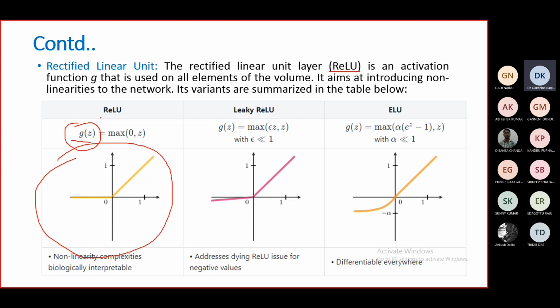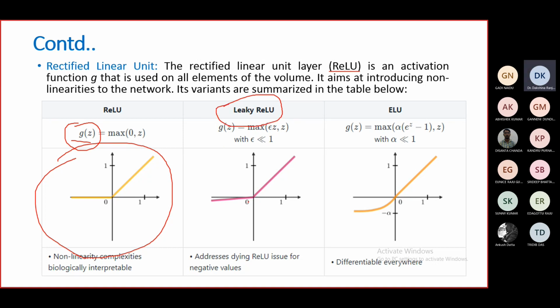Monotonic means the function itself is monotonic, as well as the derivative of the function is also monotonic. So both properties are satisfied by the ReLU activation function. But as I said, there is an issue with ReLU, which can be overcome by another modified ReLU activation function, known as leaky ReLU.